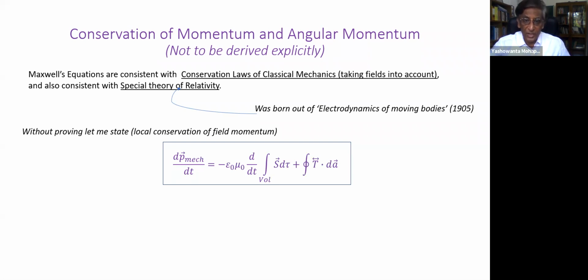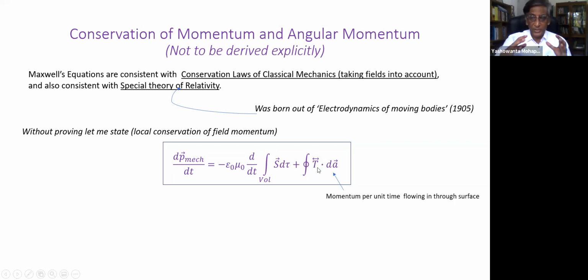In terms of field terms, it is the rate of change of the integral of S dτ, where S is the Poynting vector, plus a new character, the integral of T dot dA. Now let me say what T is. T is the stress tensor. This is a term which is momentum per unit time flowing through the surface.